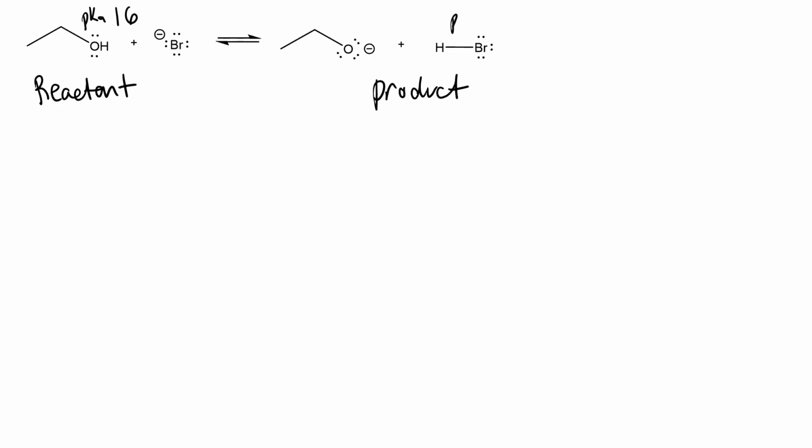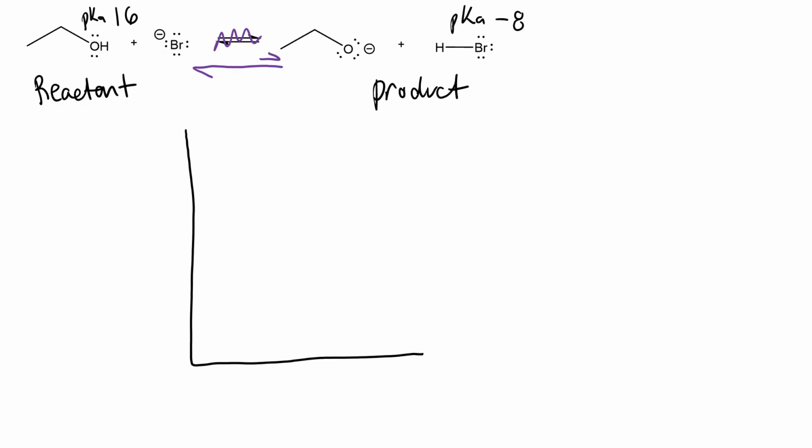The pKa of HBr is about -8. Based on how this is set up, this is going to tend to the weaker side. This is going to be reactant favored. So if the reaction was given to you like this, we would need to draw a graph that represents this change. Something being reactant favored would have lower energy reactants.